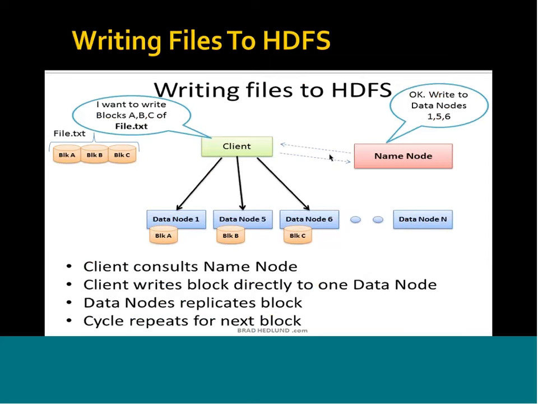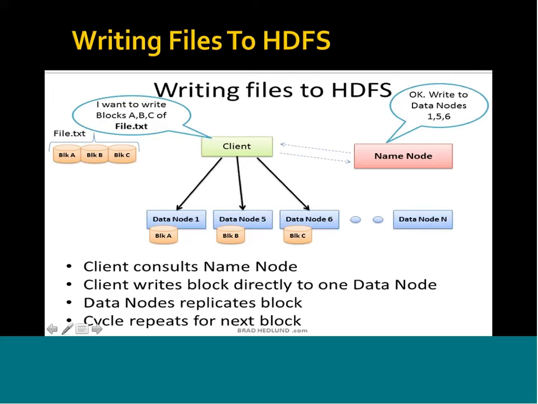For example, HDFS says that for me, the maximum data that I can store in a block is 65 MB. What if you are trying to write a file which is more than 65 MB? If it is more than 65 MB, immediately the name node will create n number of blocks, right? So it will split this file into n number of blocks.